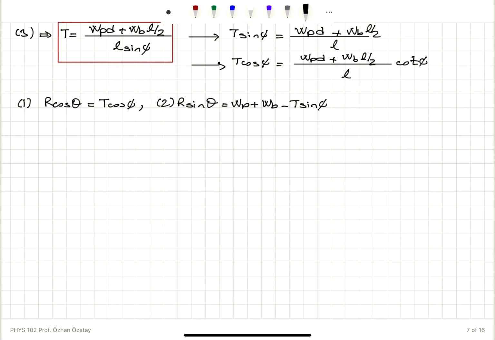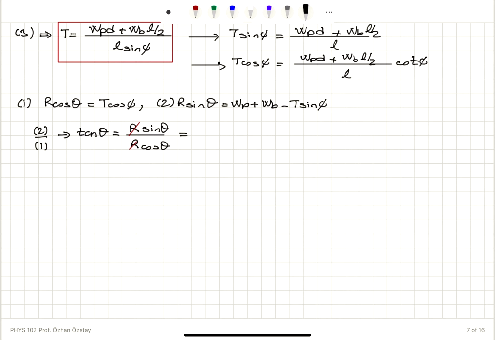Now, if I divide equation number 2 by equation number 1, I get tangent theta, sine theta divided by cosine theta, because the r's cancel, r sine theta over r cosine theta. So I eliminate one of the unknowns.